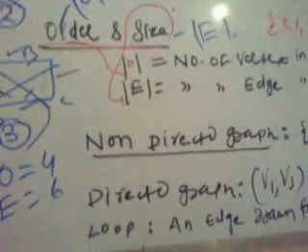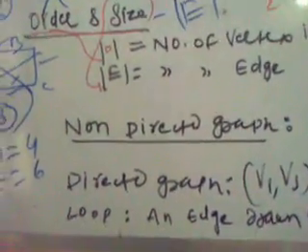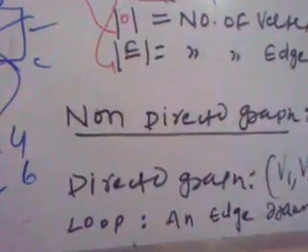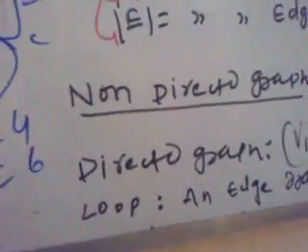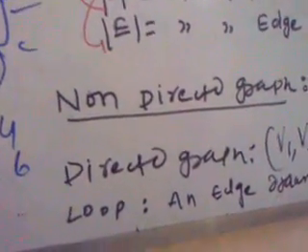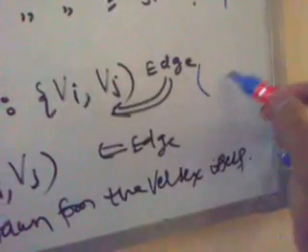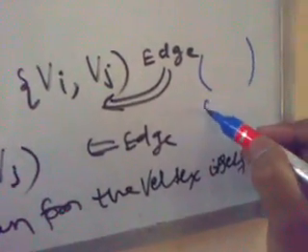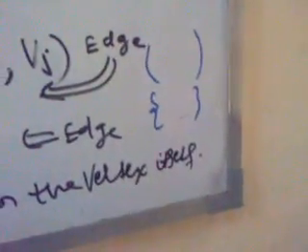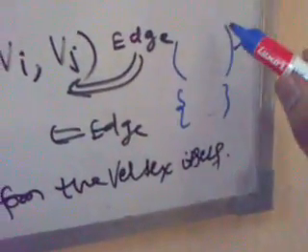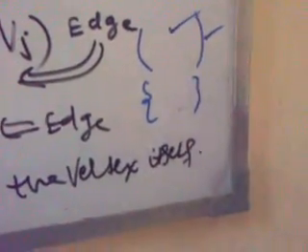The next terminology is directed and non-directed graphs and loops. There is a notation related to mathematics that we all know about: this bracket. The meaning of this first bracket is that the order is important.